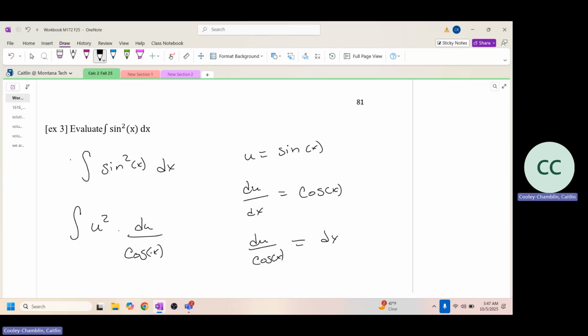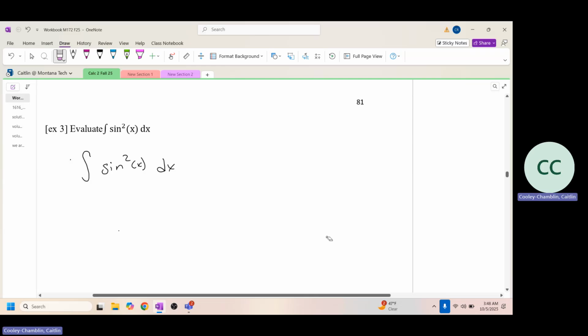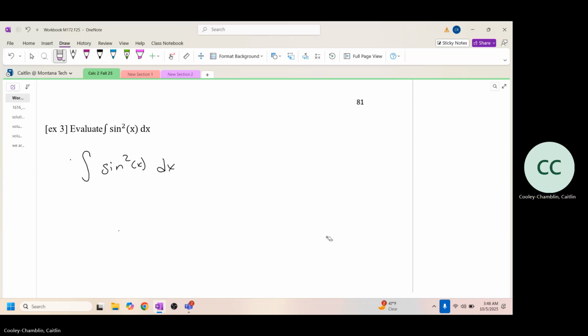We can't go any further. So it's not about just identifying which one's even and using that. It's about identifying which one's odd and choosing the other function. And if they're both odd, I would pick the one with the highest power and let that be our u.